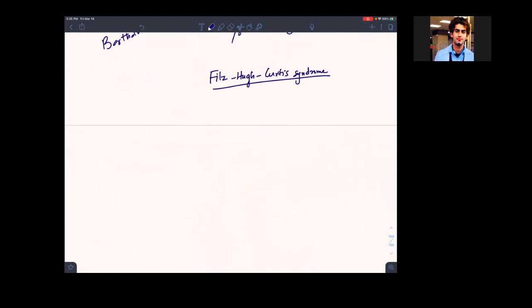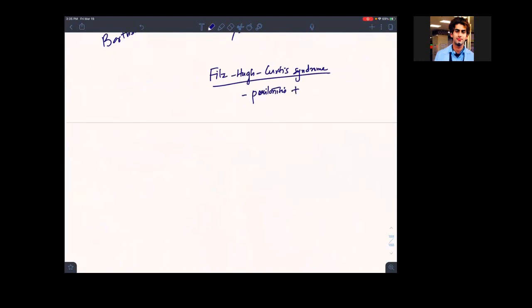What is this syndrome characterized by? Peritonitis. The peritoneum is the lining of your abdominal cavity, isn't it? So peritonitis, and the liver will be involved, which is called perihepatitis. So peritonitis and perihepatitis.